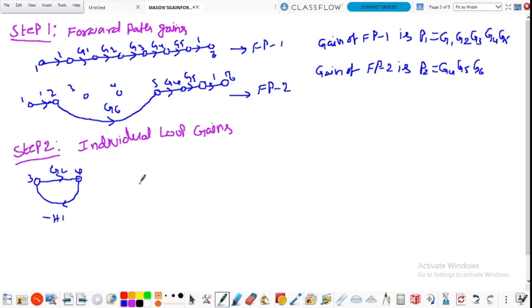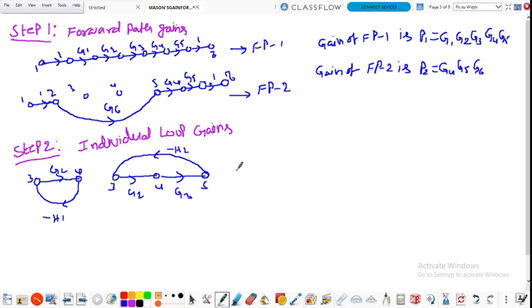And the second individual loop is 3 to 4, 4 to 5, and 5 to 3. This gain is G2, this gain is G3, this gain is minus H2, and this is the second individual loop.